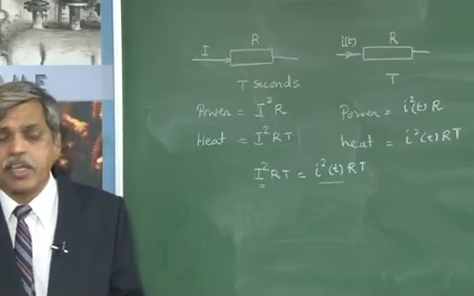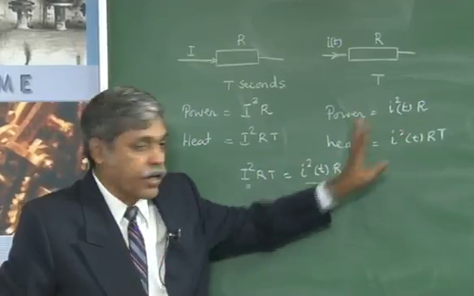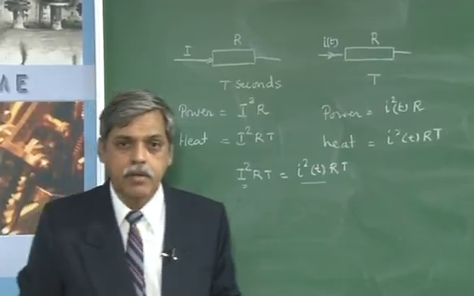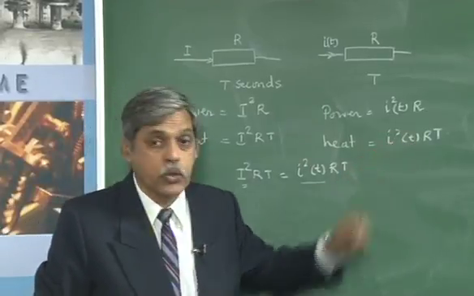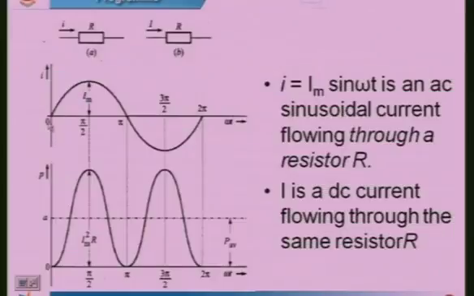First case, I am considering a sinusoidal alternating current which has a maximum value of Im and a period of 2 pi. To calculate the power produced by alternating current, I need to square this current: i square of t times R. So I will be squaring this sinusoidal current waveform. From 0 to pi, as we have a positive half cycle, all these positive values will be squared, giving a positive half cycle of the current squared curve.